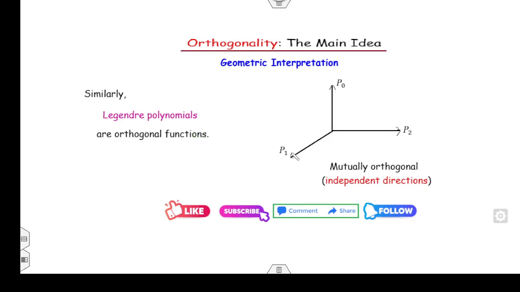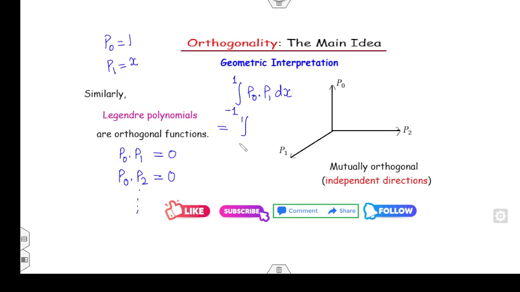If you consider P0, P1 and P2, then P0 times P1 integrated will be 0. P0 times P2 will be 0, and so on. And how can you prove that? You can see my integral is from -1 to 1 of P0 times P1. Clearly, P0 is 1 and P1 is my x.